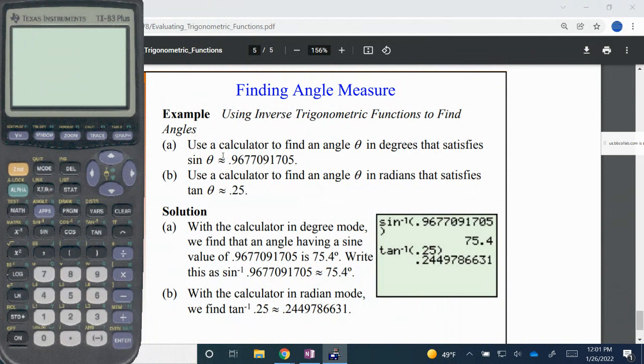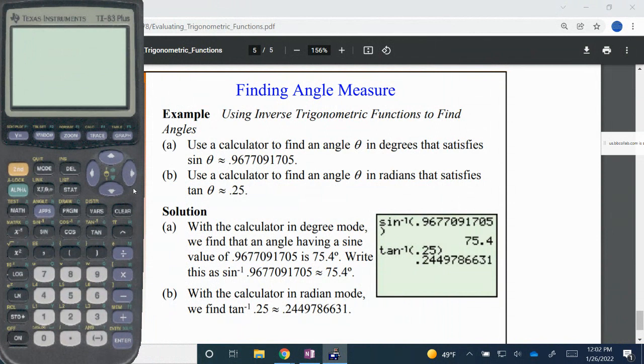And for these examples, we're asked to use a calculator to find an angle, in degrees, that satisfies the sine of theta. So here again, the sine of some angle, and we're going to figure out what that angle is equal to 0.96770911705.